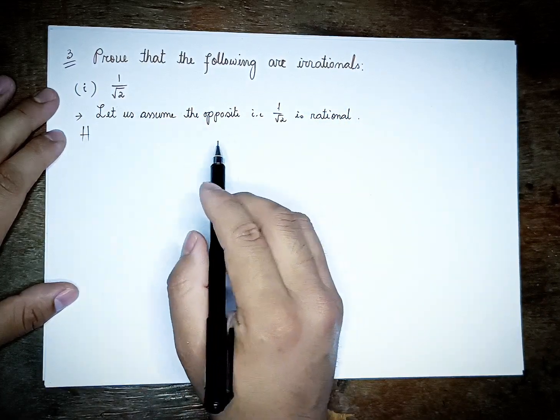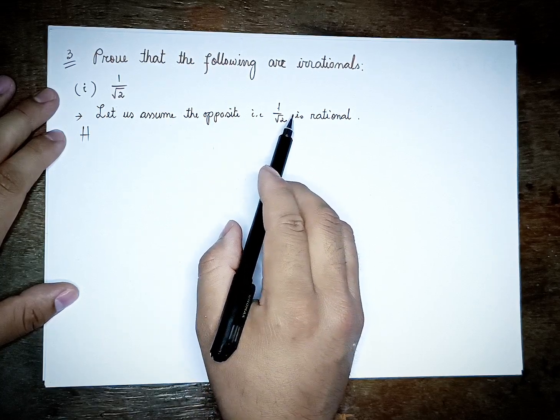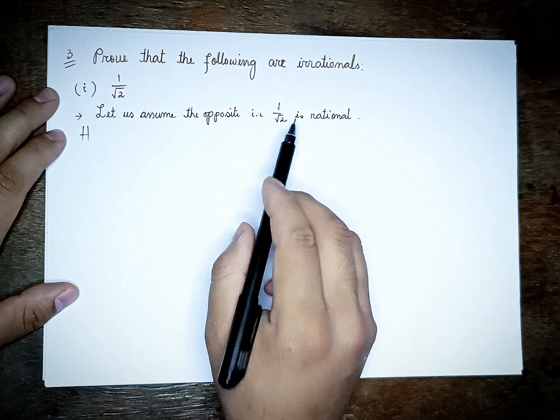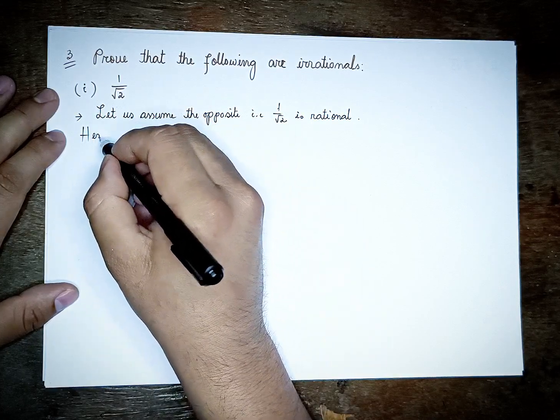Hence, if 1 by root over 2 is rational, then it can be written in the form a by b, where a and b are coprimes.